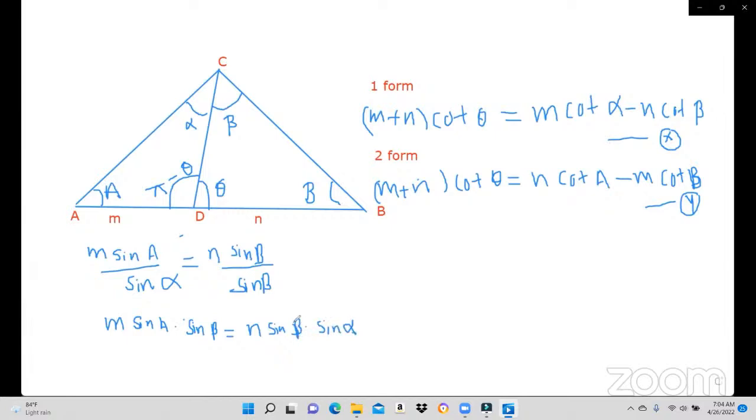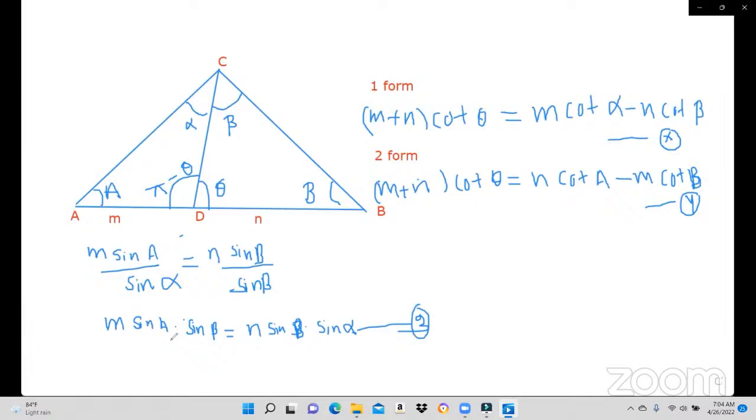Remember, this is B. This is equation number 3: M sine A sine beta equals N sine B sine alpha.